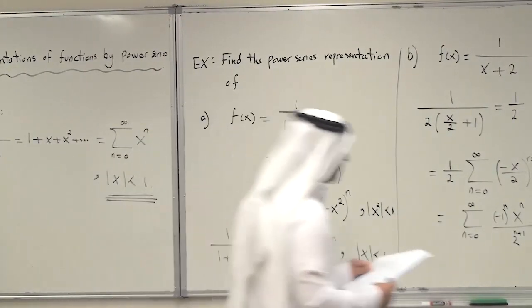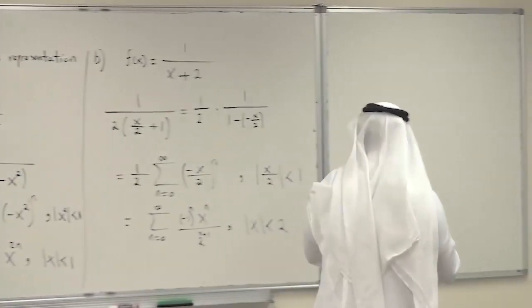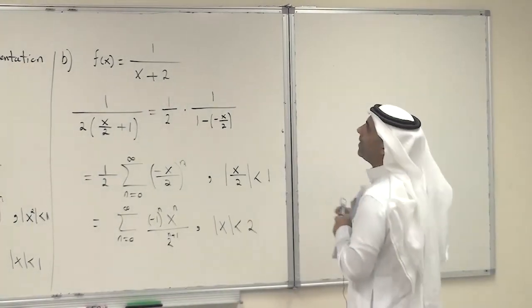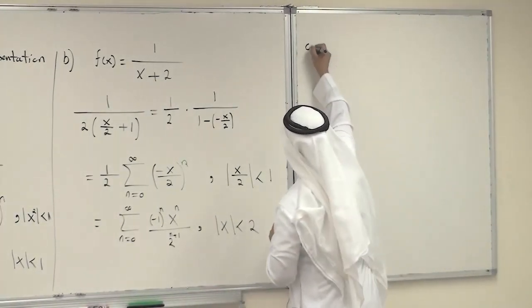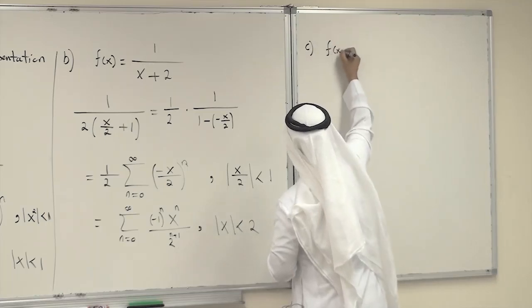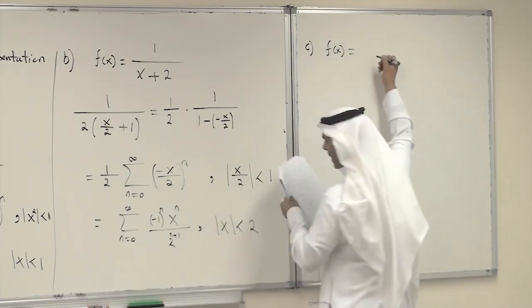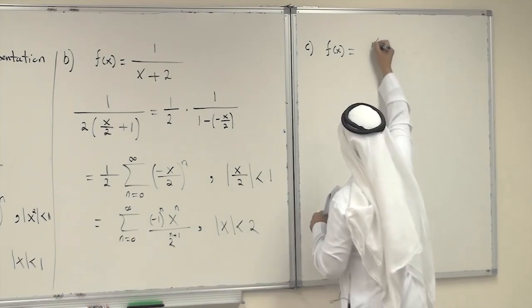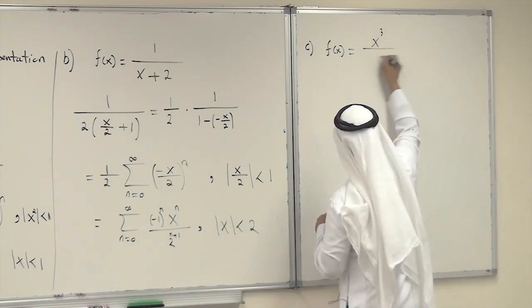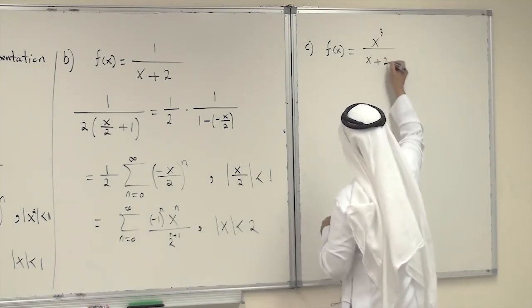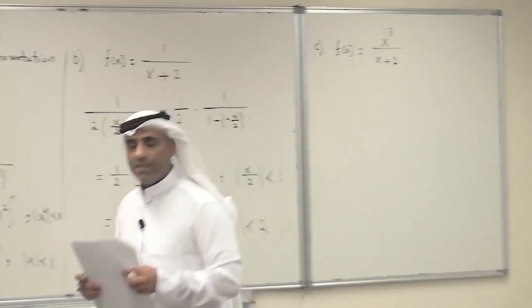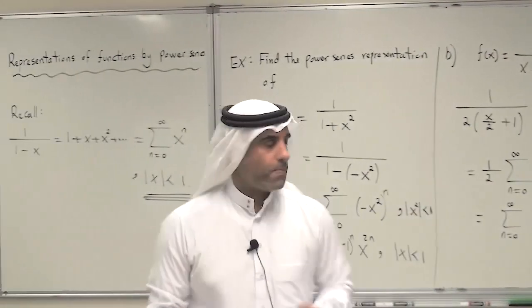Let us say this is part C. I will modify this question a little bit. So part C says you have a function f of x which is given by, I choose this one, x cubed over x plus 2. Can we find the power series representation of this new function?